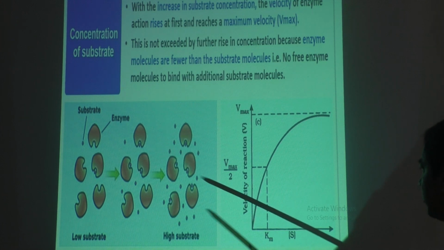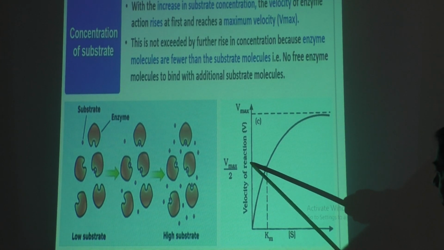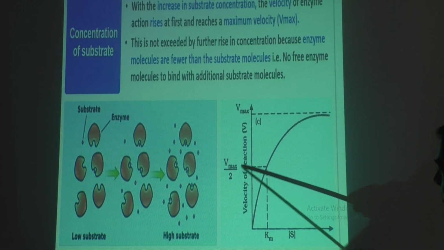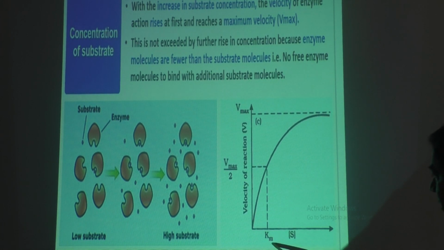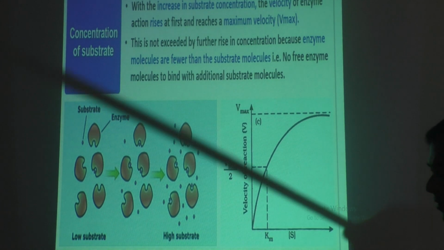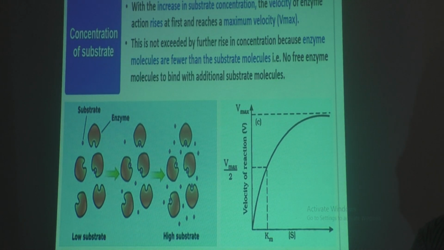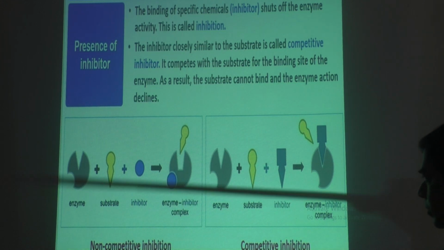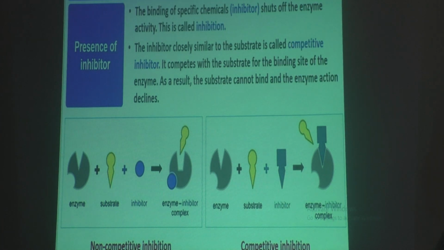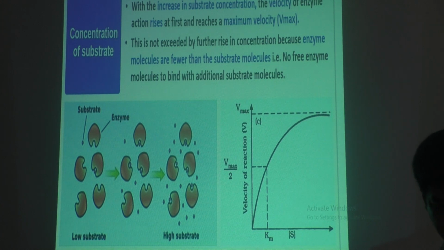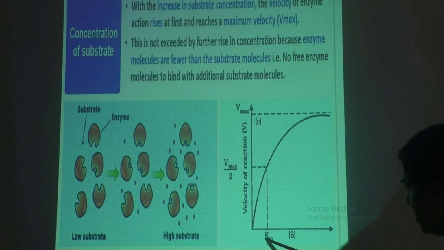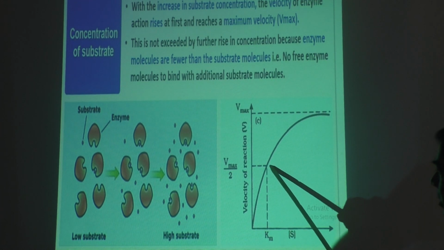See what happened there. This is the meeting point where the reaction happened maximum, then it is called Vmax by 2. Vmax by 2 here, half, and this is Km. Okay, let's see the meaning now. If you see the meaning on that previous slide, we'll go back. That is the maximum reached.